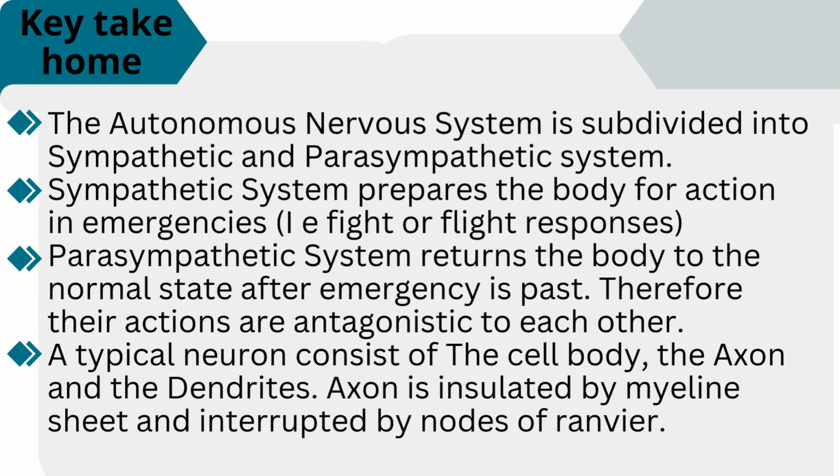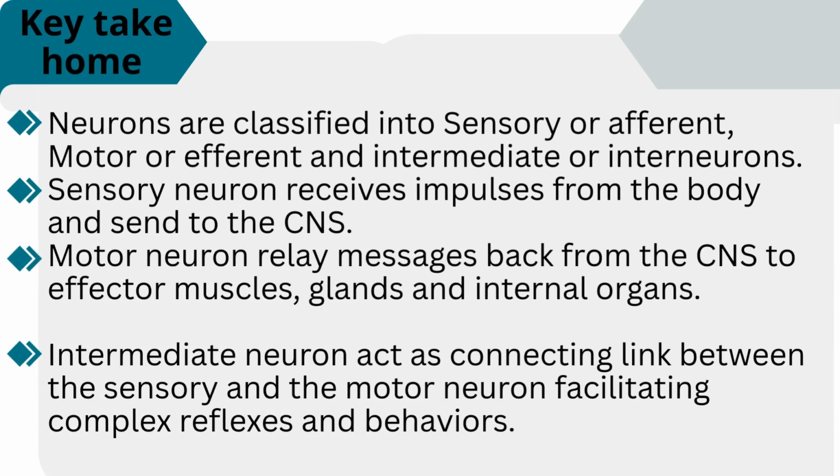The axon is insulated by myelin sheath, which is interrupted at intervals by the nodes of Ranvier. We further learned that neurons are classified into sensory or afferent neuron, motor or efferent neuron, and intermediate or interneuron.